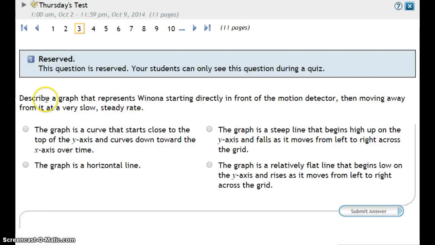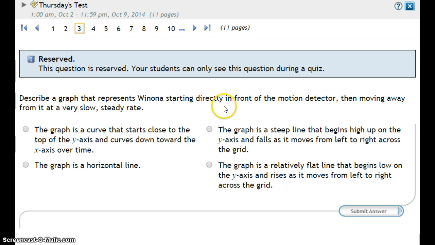Okay, number 3. Describe a graph that represents Winona starting directly in front of the motion detector, then moving away at a slow, steady rate. So let's look at what that graph would look like.